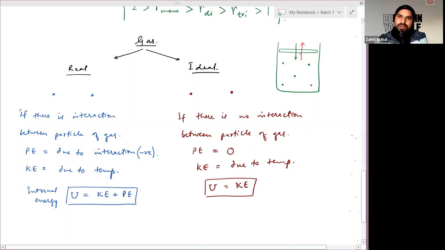So by moving this piston slightly outward, we are decreasing the pressure of this system. If you decrease the pressure, the separation between particles increases, hence the potential energy between them decreases. Is it clear?